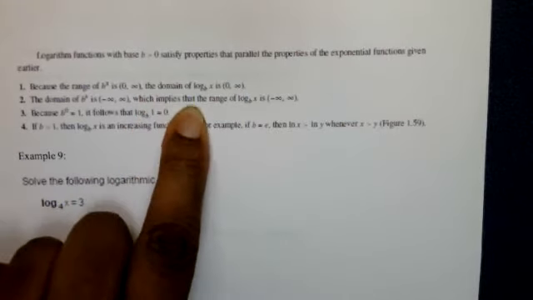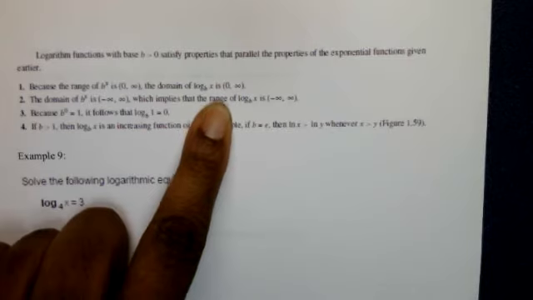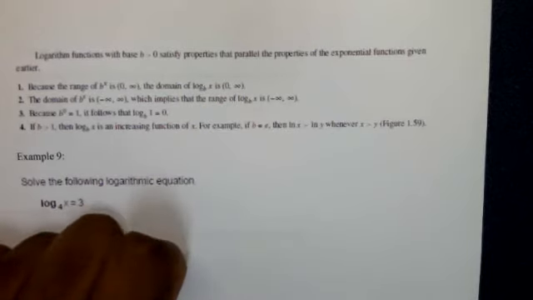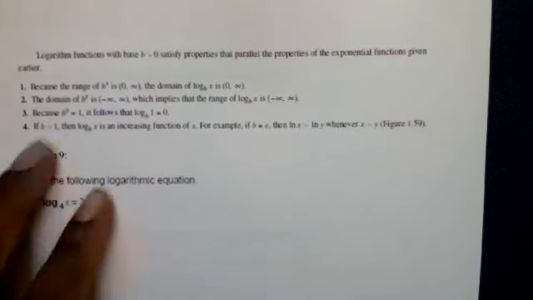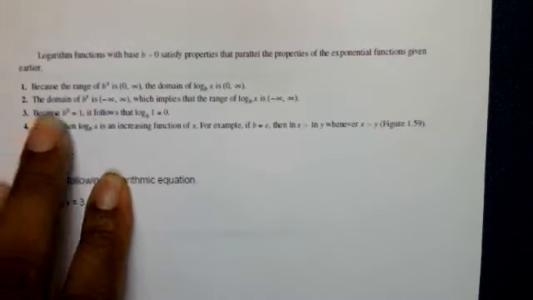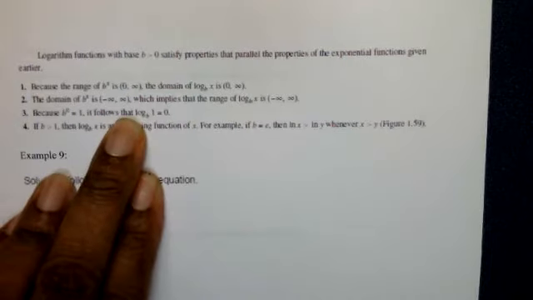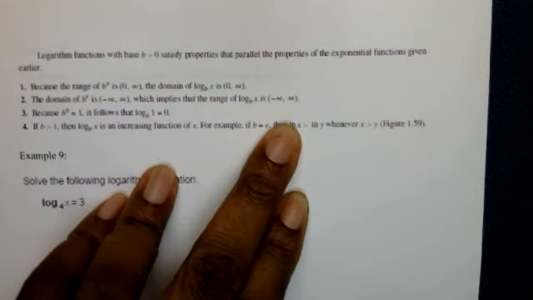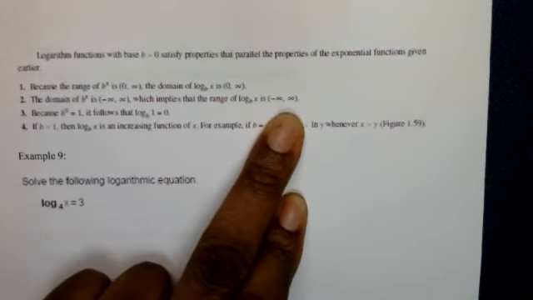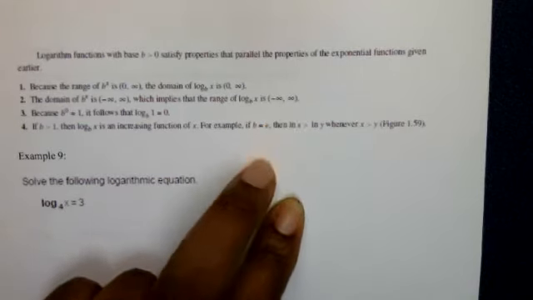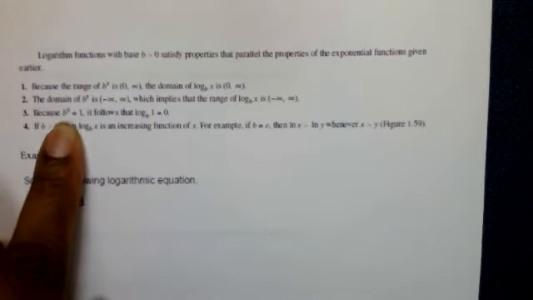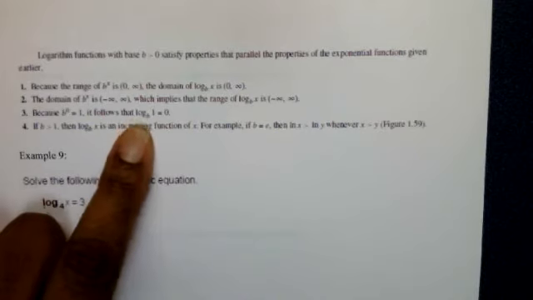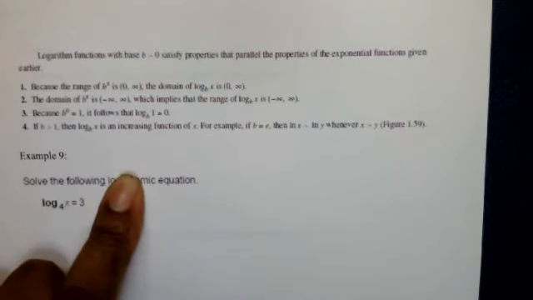The domain of log to the base b of x will also be from 0 to infinity, because we can't take the log of 0 and we cannot take the log of a negative number. For b to the x, its domain is negative infinity to infinity, and that implies that the range of log to the base b of x is also negative infinity to infinity. And also b to the 0 is equal to 1. Because of that, it follows that log to the base b of 1 has to be equal to 0.